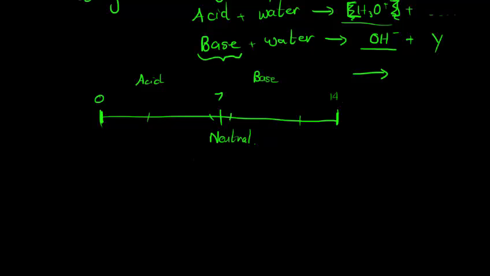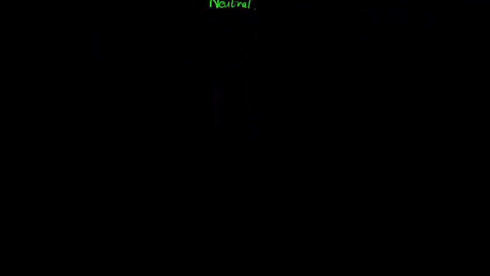Okay. And now we get to where you're actually going to do most calculations. So we would do some calculations there, but now we get to where we do most calculations, and that is in a titration.